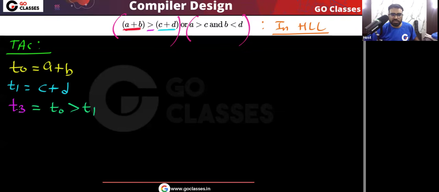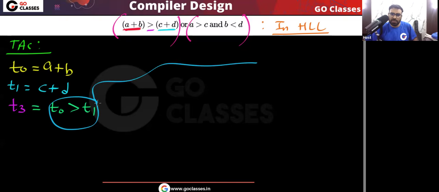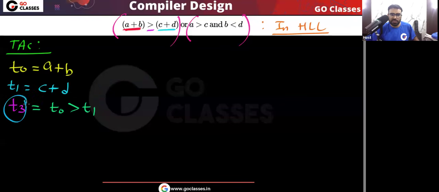Notice one thing, this temporary variable is basically a Boolean variable, because the result of T0 greater than T1 will be either 0 or 1. I can say the result will be either true or false. So this is a Boolean temporary variable.